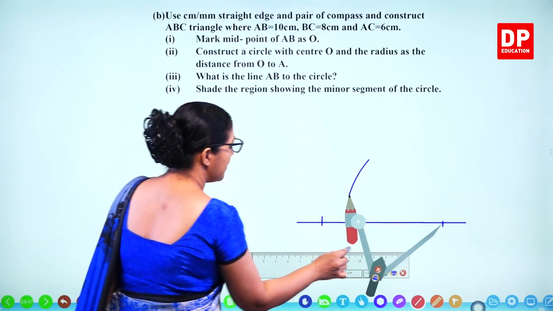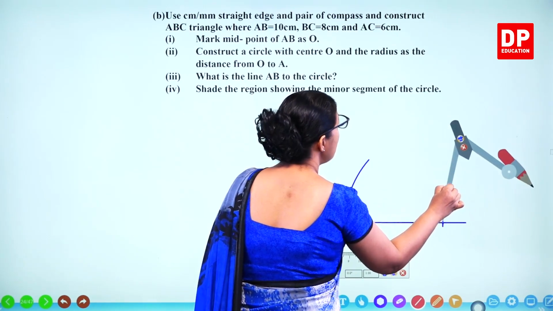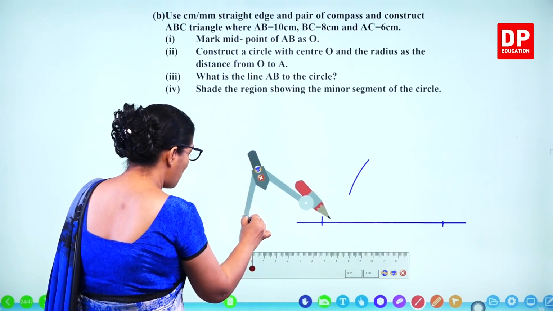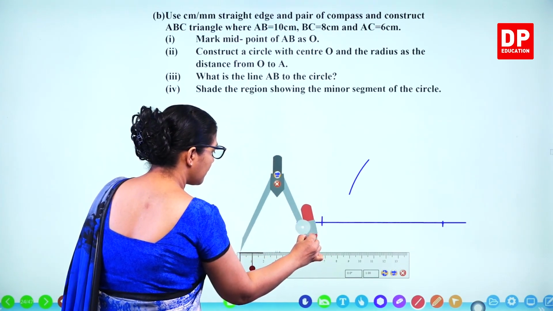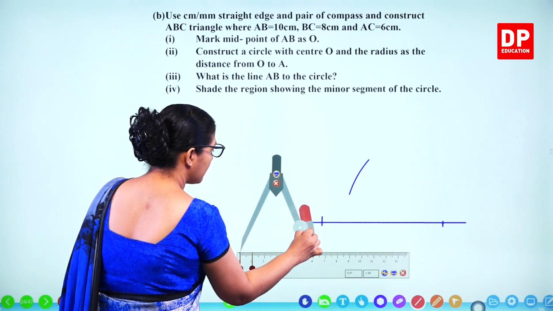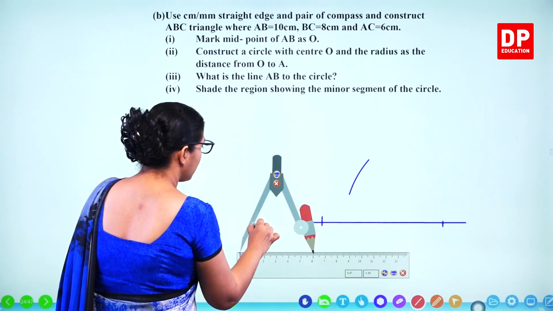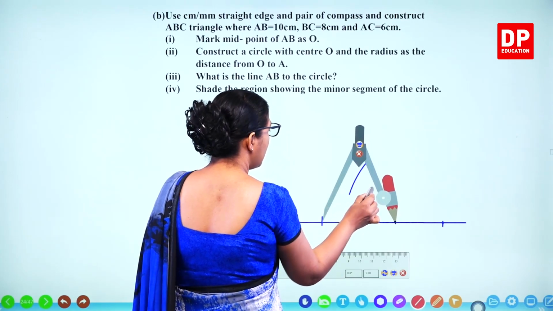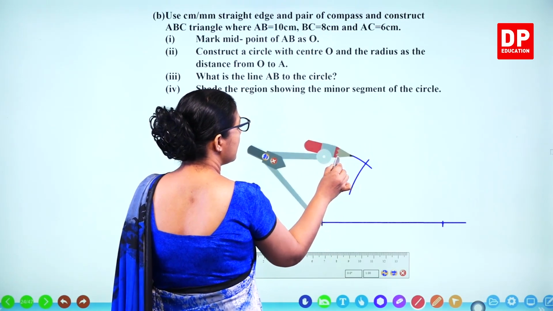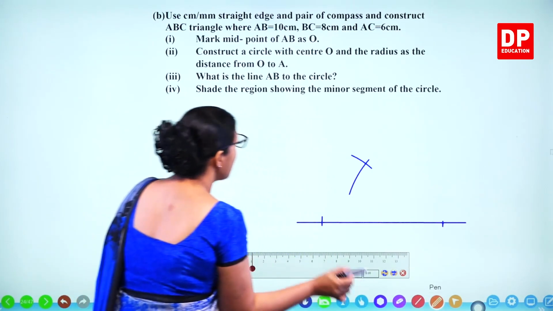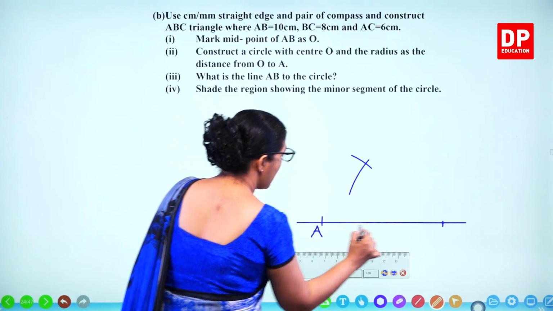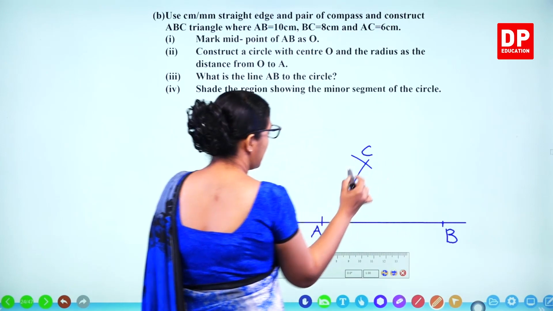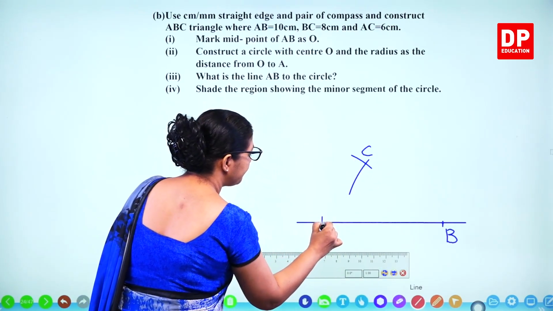And then AC. AC is 6 centimeters. So take 6 centimeters from the ruler and you can mark the other length. So you get ABC. And you can connect the points.